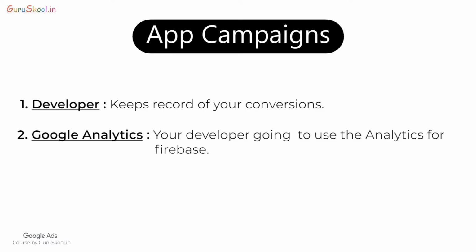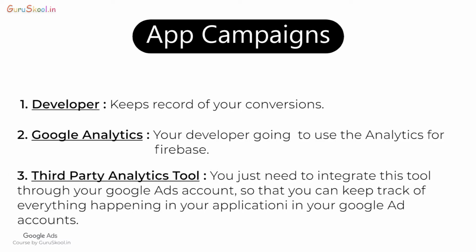Then there is a third step, that is to keep track through third-party analytics tools. What you need to do is integrate your third-party analytics tools with your Google Ads account so that you can keep track of everything happening in your application in your Google Ads account.